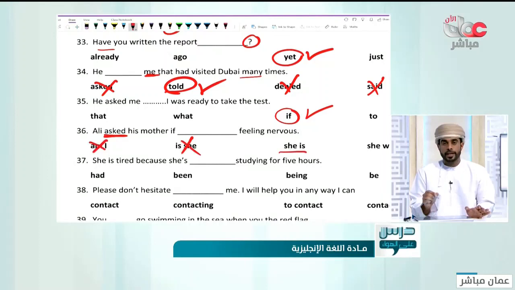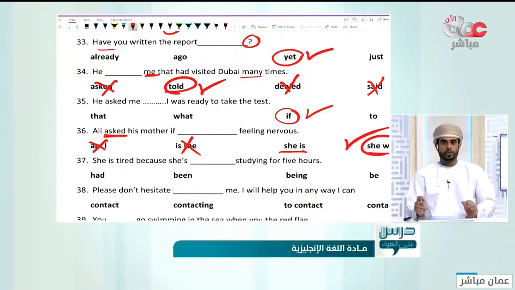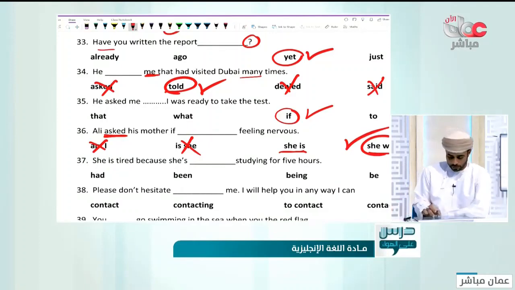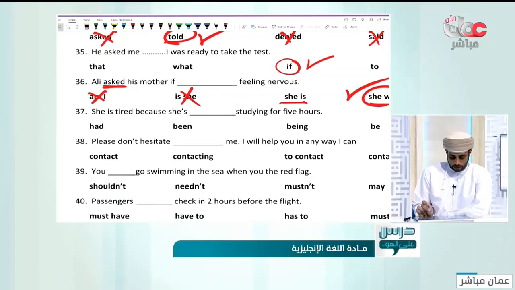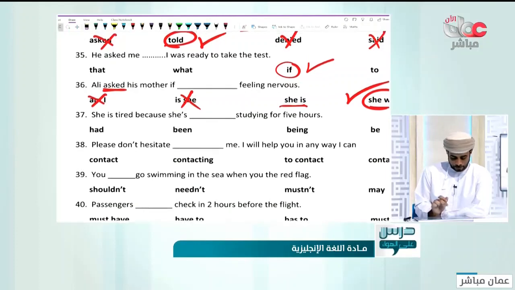So is it he is, or sorry, she is or she was? Think of it. It's a reported speech. You should revert, go back in time. So which one? Yes, she was. She was feeling nervous. And she is tired because she's, see in here?